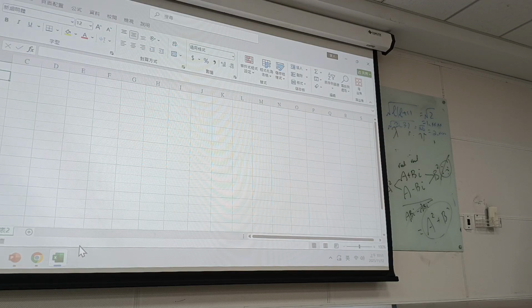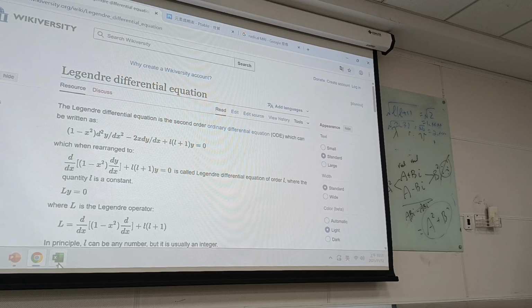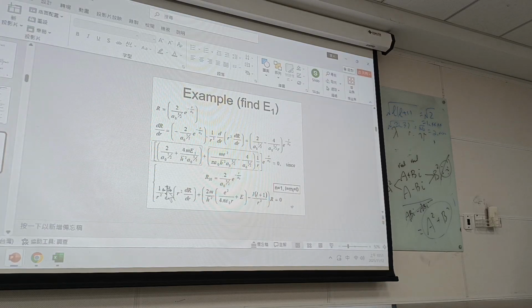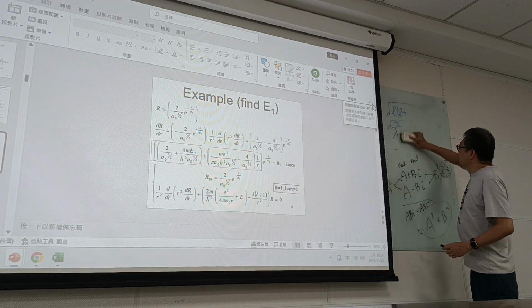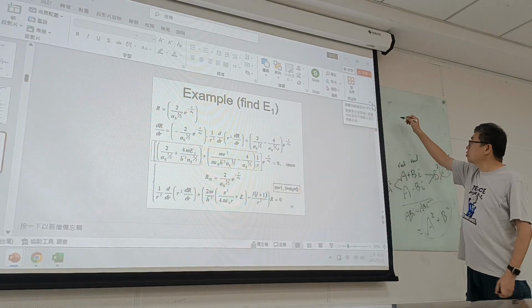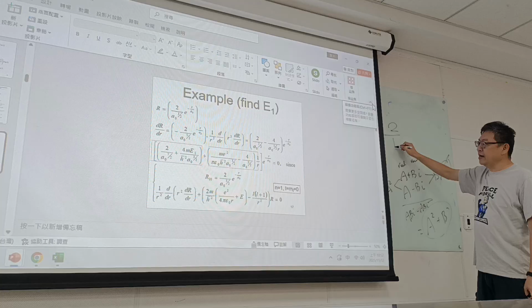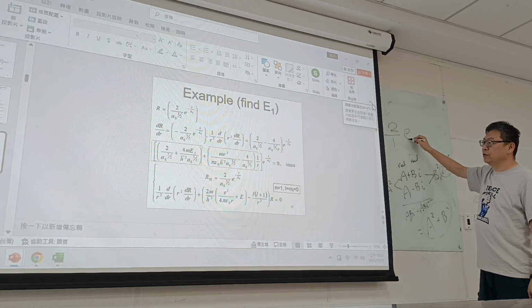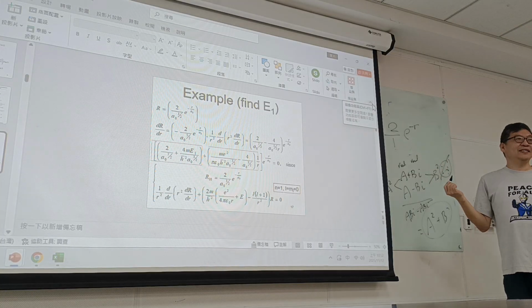So let's just rewrite this. 2 divided by 1, exponential minus R, easier.